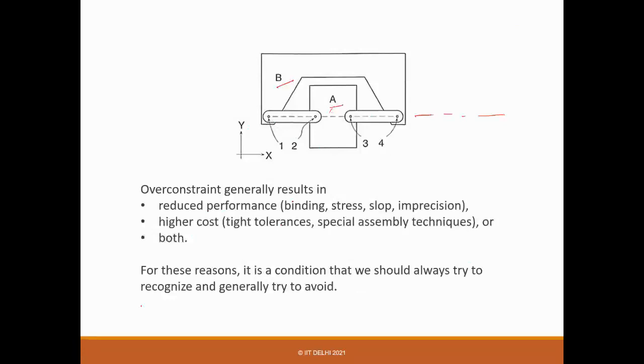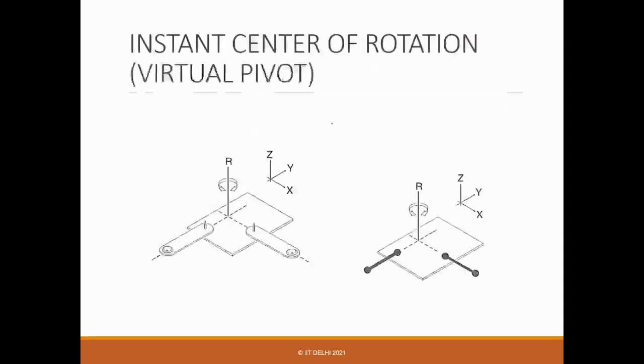That's why we try to recognize whether there is a constraint, and try to avoid it. So in this case, what will happen?